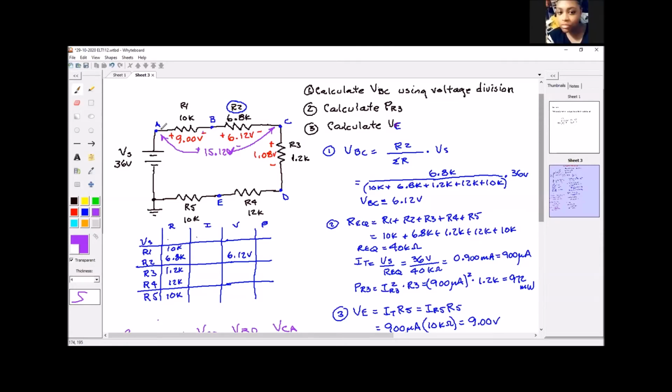VCA is equal to negative 15.12. And then you said AC? AC is equal to positive 15.12. Both are correct. They're both correct. It's the same thing. If I look in my circuit, it's the same thing. We're both telling you the same thing.